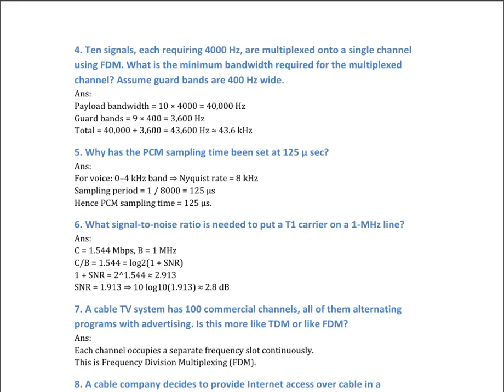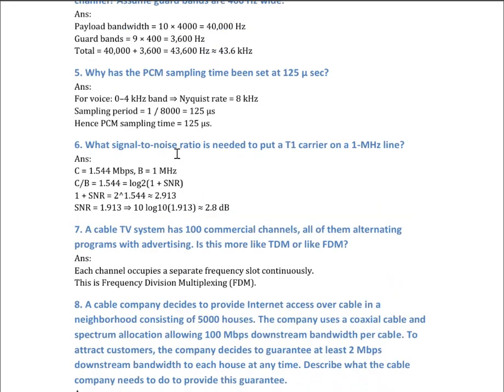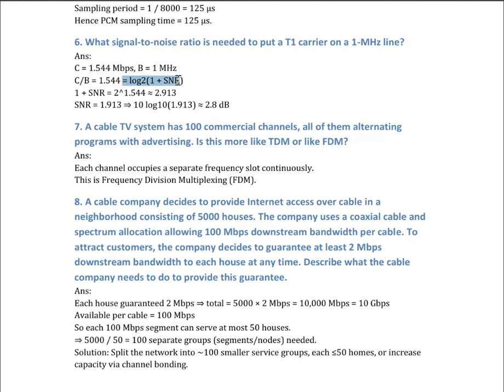The sixth question depends completely on the signal to noise ratio, which I already told you about. Voice is 0 to 4 and audio is 0 to 5. Here the constant formula is log 2, the formula you all discussed in previous questions, log 2 of 1 plus SNR.